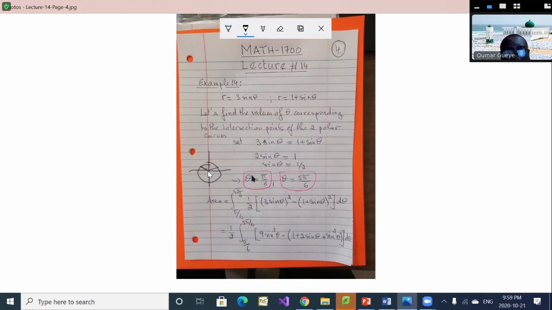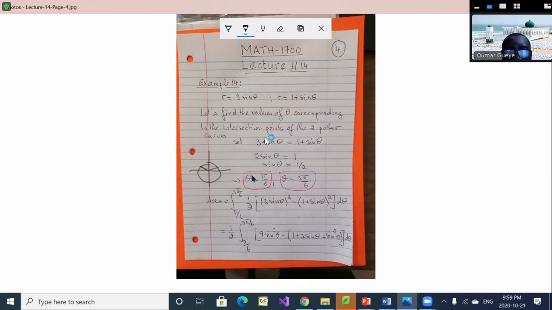All right, thank you. Sir, how do you know that 1 plus sine theta is smaller than 3 sine of theta? Okay, I said you pick any number in the range between pi by 6 and 5 pi by 6, and you plug them in the two equations. I just picked pi by 2, but you can take another number if you want.